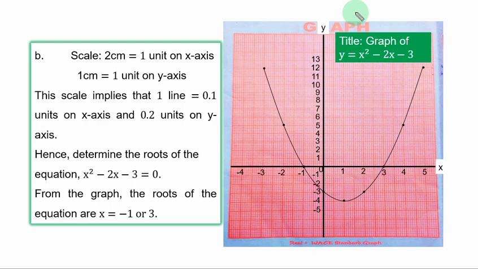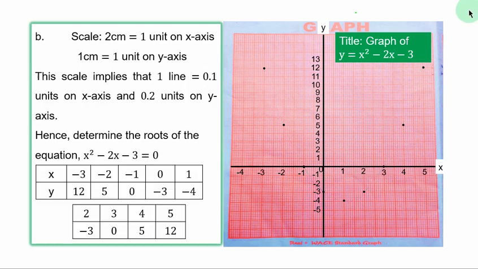We continue by plotting the quadratic equation graph first. Okay, so we start by restating the scale. The scale is 2 cm to 1 unit on the x-axis and 1 cm to 1 unit on the y-axis.